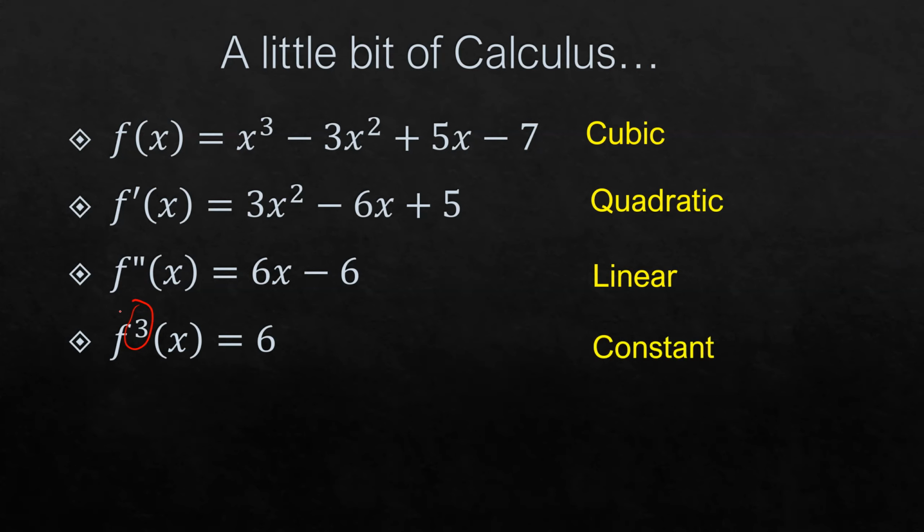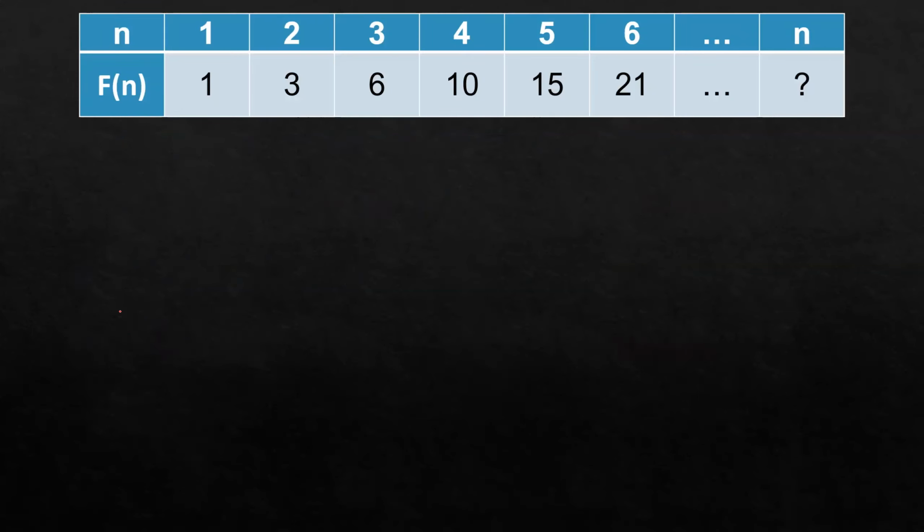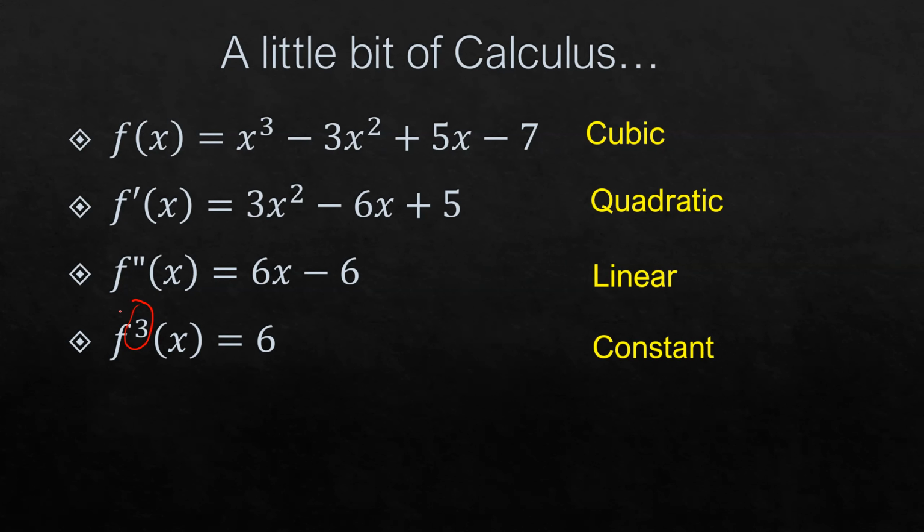Now we are going to apply this understanding to the concept of finite differences. What does that mean? Finite differences is a way to find a pattern that is given to you, where you're looking for the explicit function. Previously, I gave you the function and you took the derivative.